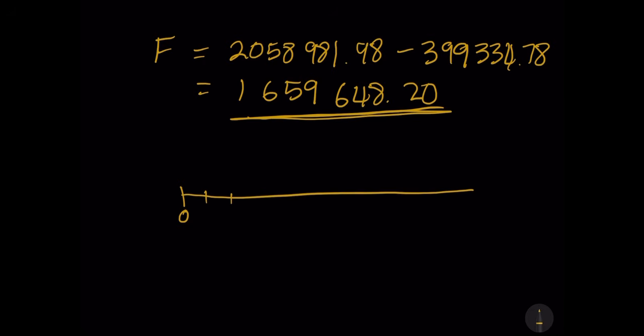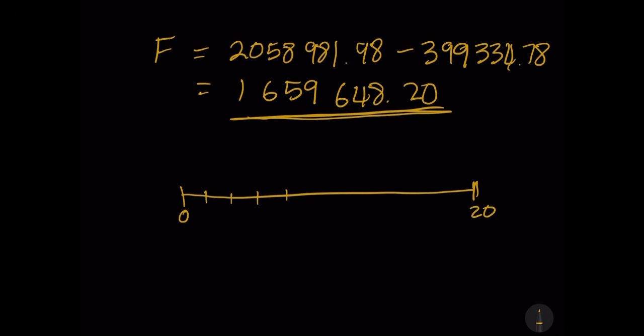Remember they said they pay this amount quarterly. Now think about it. How many quarters do we have in a year? We've got 4 quarters. And how many quarters would we have in 5 years? We'd have 20 of them. So this is from 0 up until 20.